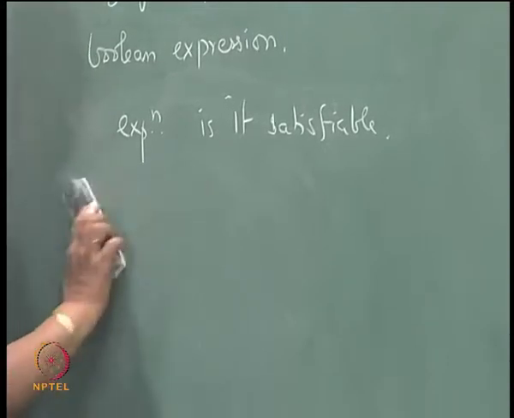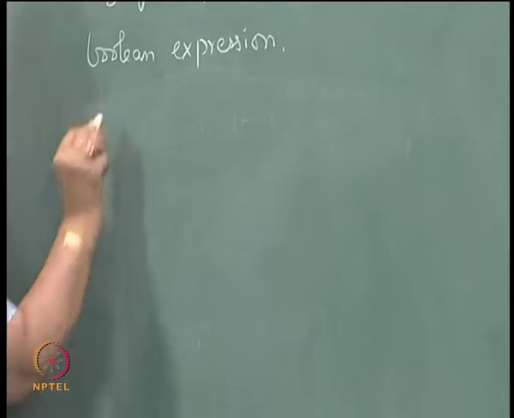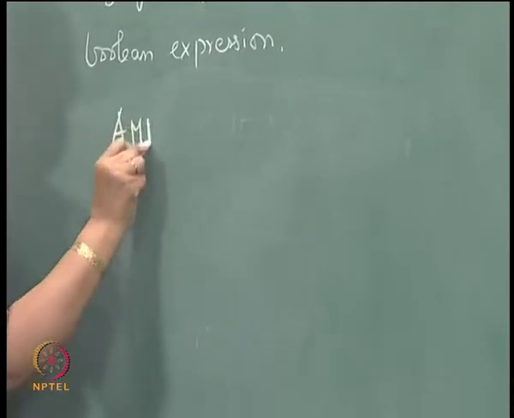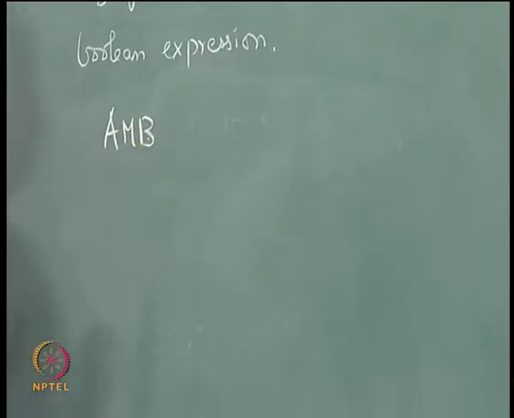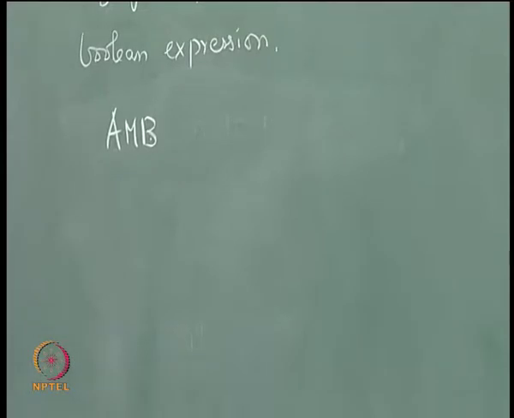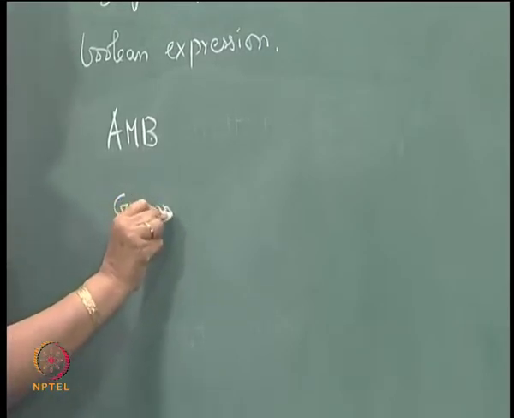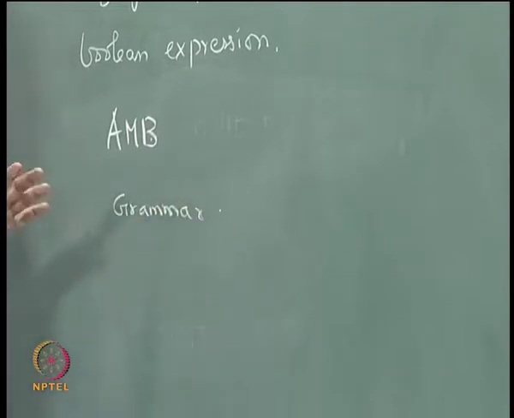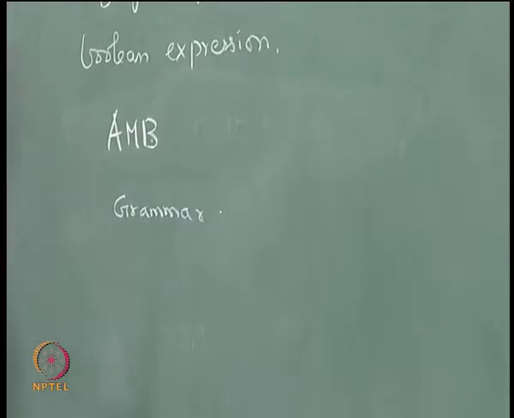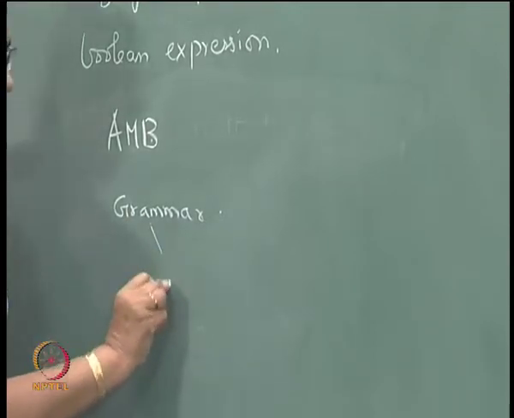Now, the ambiguity problem we again considered, that is, grammar is the input and is it ambiguous or not. Now, the instance of the problem is one grammar, and this one grammar you can represent as a string, okay, using some encoding for Turing machine like that. Grammar can be represented as a string.